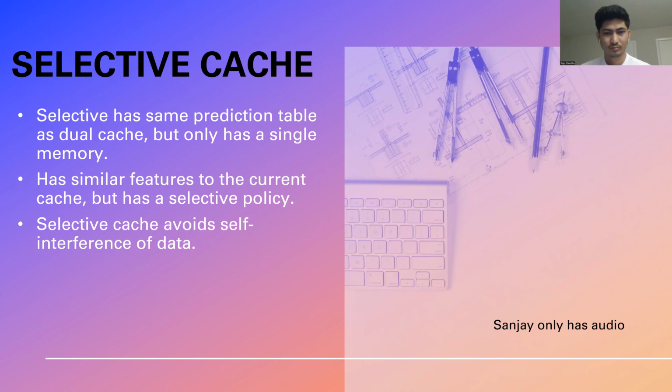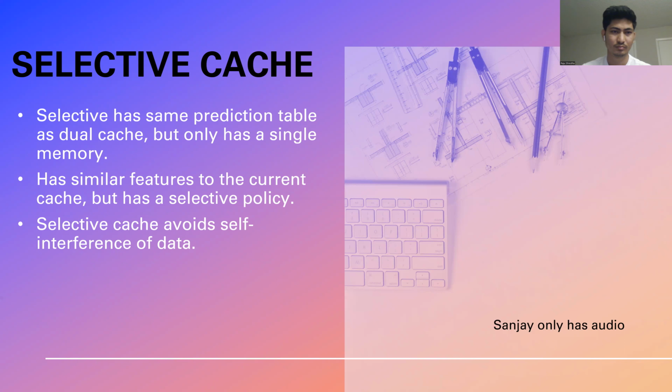A selective cache is a simplified version of the dual data cache. Selective cache behaves as a conventional cache with a selective caching policy. Only data with spatial locality, or data with temporal locality that is guaranteed not to interfere, is cached.